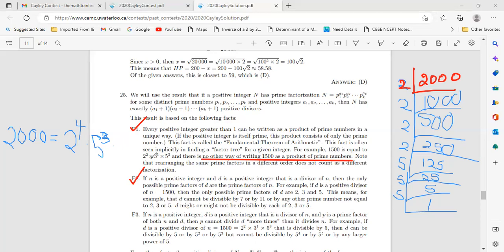So if you have n, and let's say d is a factor of n, then d would have to be a multiple of whatever n is a multiple of. Factor of 2000.